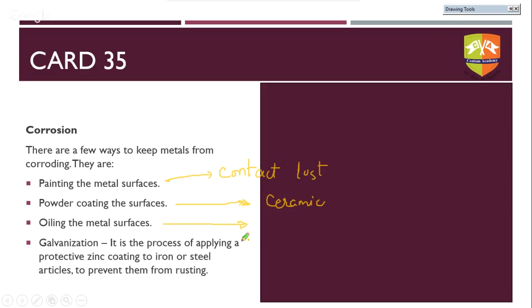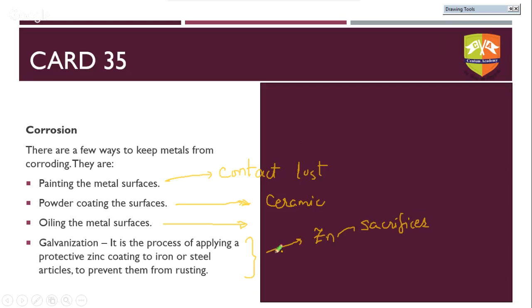The last method is galvanization. This is applying a protective layer of zinc over iron or steel. There are two reasons for this. One reason is, of course, zinc being more reactive than most of the metals, it sacrifices itself when it comes to rusting. So it will sacrifice itself and not let the metal get weakened.